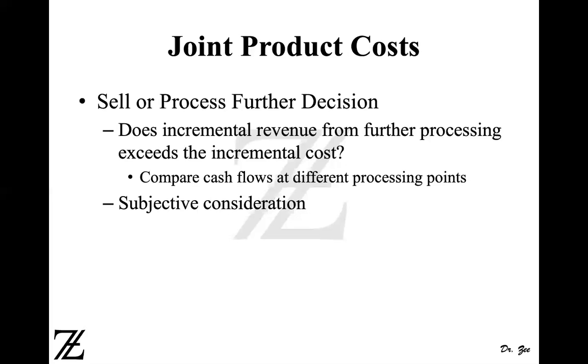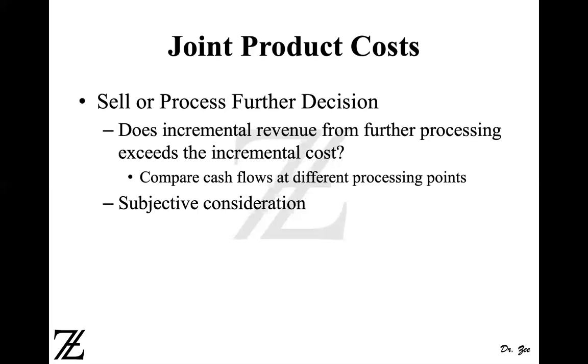However, you need to consider some subjective aspects too. You cannot just discontinue a product just because it is not profitable. As I said in my other videos, if it's a complementary product, you may want to continue even if it is giving you a loss. If Starbucks is selling coffee, they also provide you sugar, creamer, and other stuff, even though they don't charge you for that. They continue because that's a complementary product.